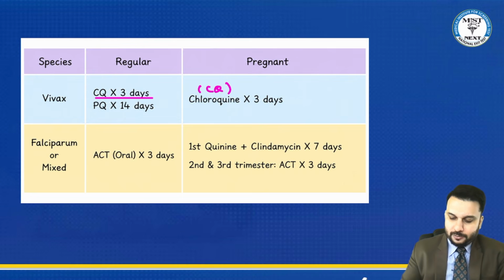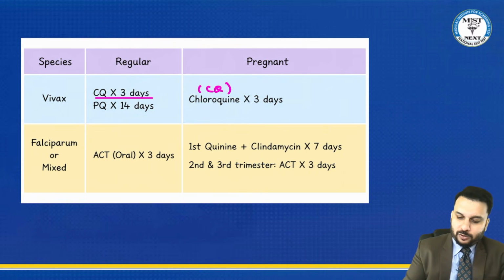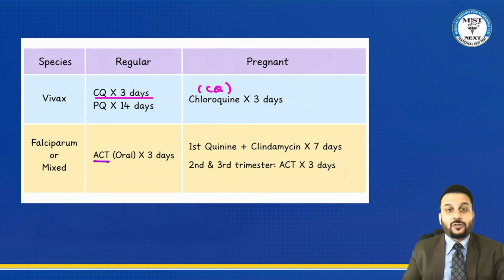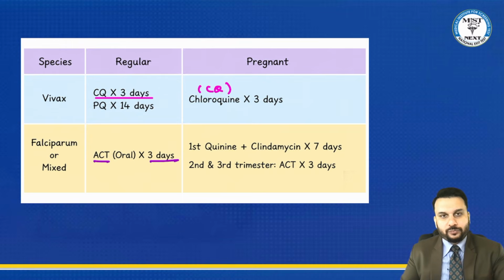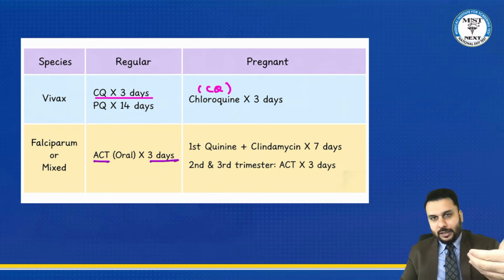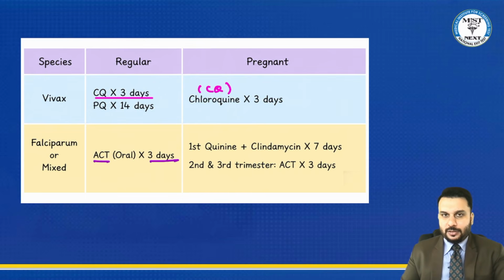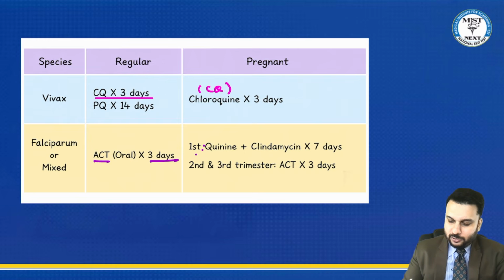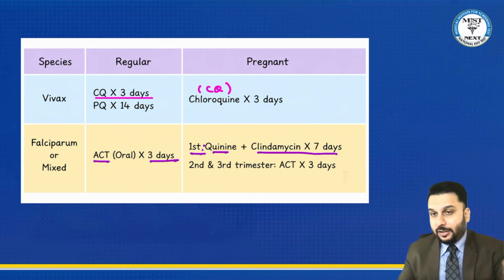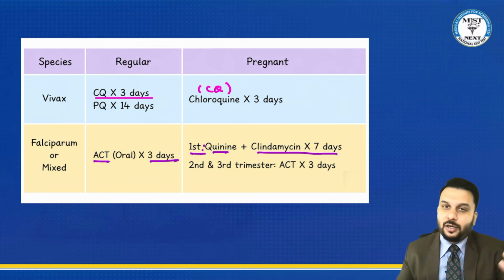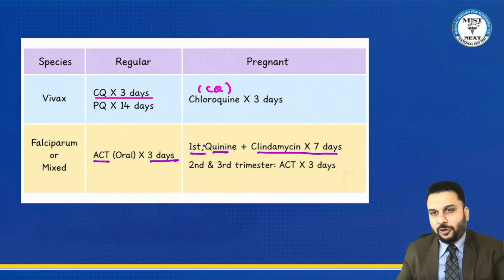So that is clear. Next, for falciparum, what is the treatment? Falciparum, the treatment is called ACT. ACT is the treatment again for 3 days only. But in pregnancy, the story is like this. First trimester, you should give quinine plus clindamycin for 7 days. Meaning, if you're diagnosed with malaria in the first trimester of pregnancy, you have to give a 7-day treatment and you're done.